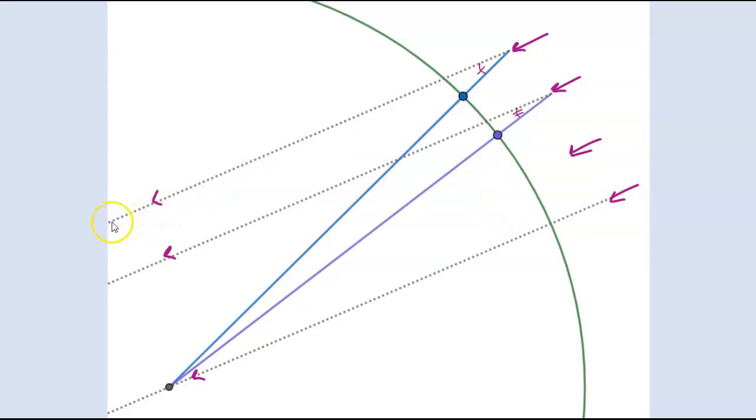Now if we consider this parallel line and this parallel line, again representing the sun's rays, and we think about this blue line here as the transversal, then our alternate interior angles will be this one and then this one as well.